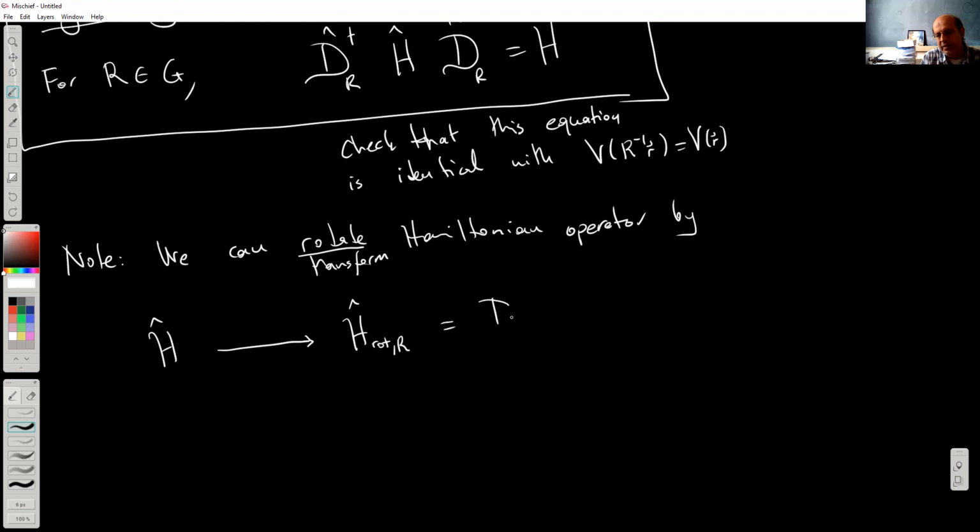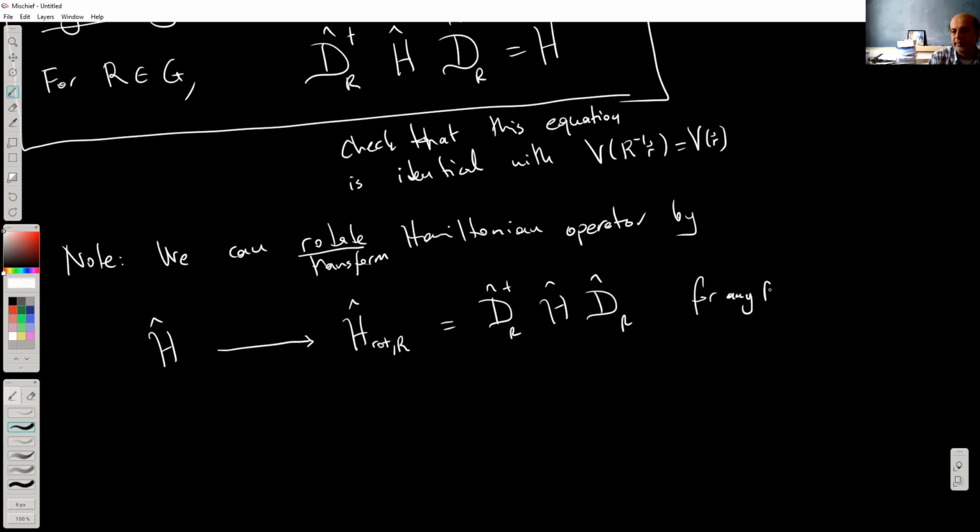So the rotation of the Hamiltonian operator is basically the rotation of any operator. You can rotate an operator by multiplying the operator from right and from left by this rotation operator, but this has to be in the form of a similarity transformation, okay? Let's say it like this, okay? So this is true for any R.